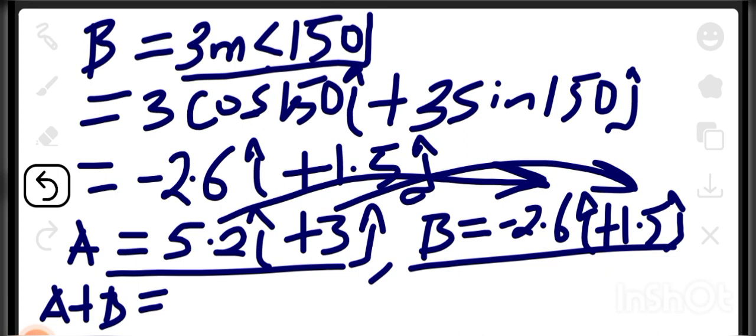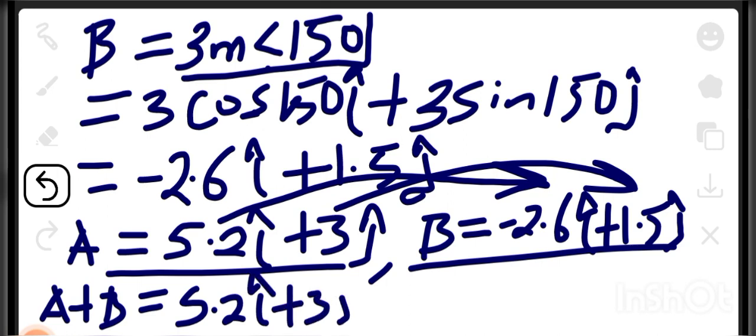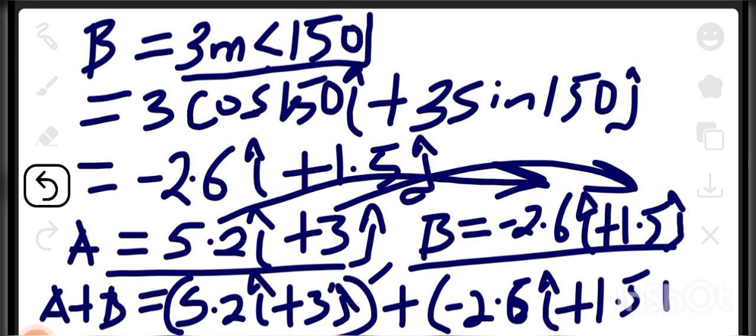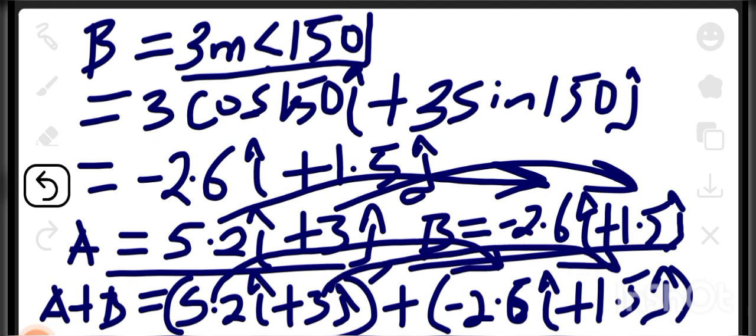We are going to have 5.2 i plus 3j, this one is a, plus b, which is minus 2.6 i plus 1.5 j. So the next thing now, you add i to i, you add j to j.